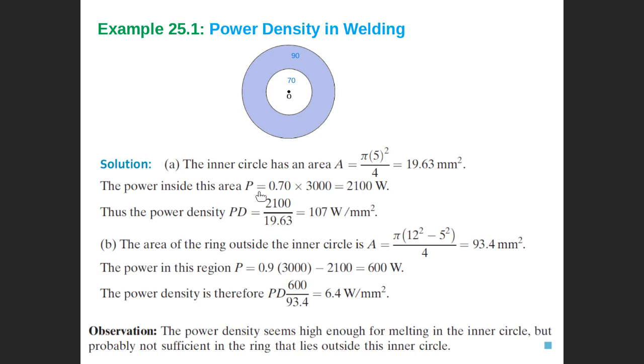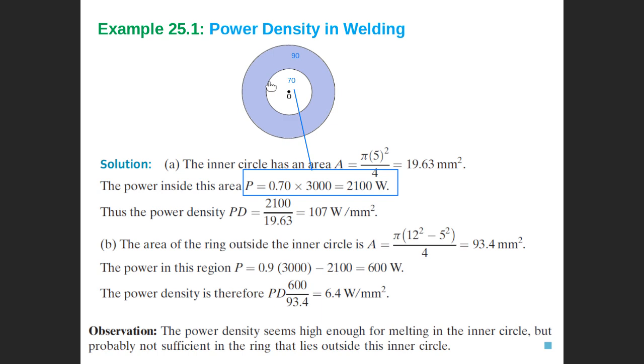So 70% is transmitted in the white color area, which is 5 millimeters. This is the area. So 70% is transmitted in the 5 millimeter area.